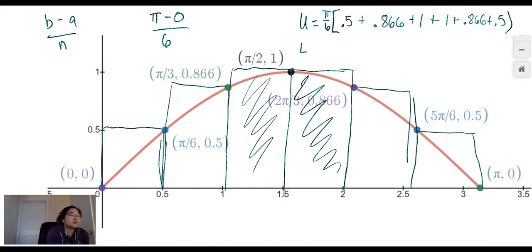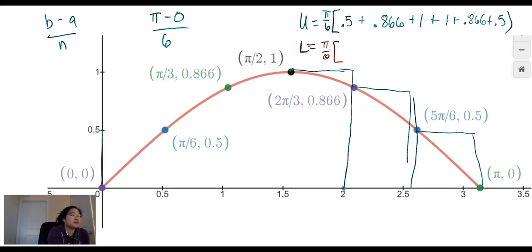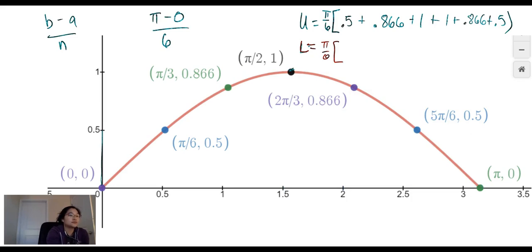For our lower sum, probably change colors. So our lower sum is going to look at our same partition, but instead we're looking at the minimum, the global min on the interval. So from 0 to pi over 6, we have a rectangle of height 0.